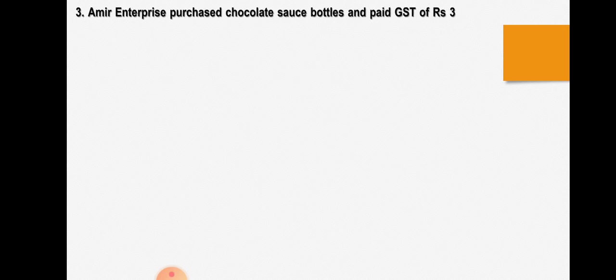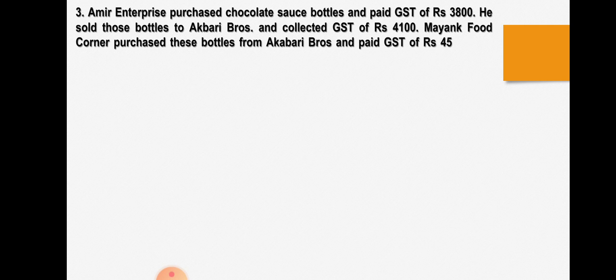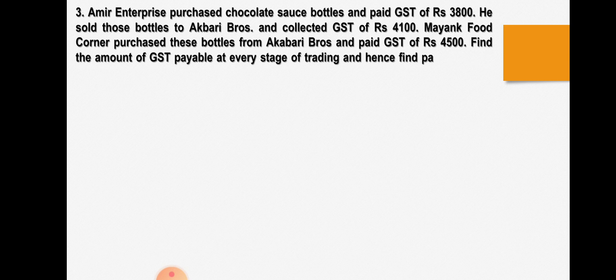Amir Enterprises purchased chocolate sauce bottles and paid GST of 3,800. He sold those bottles to Akbari Bros and collected GST of 4,100. So for Amir Enterprises, input tax is 3,800 and output tax is 4,100.